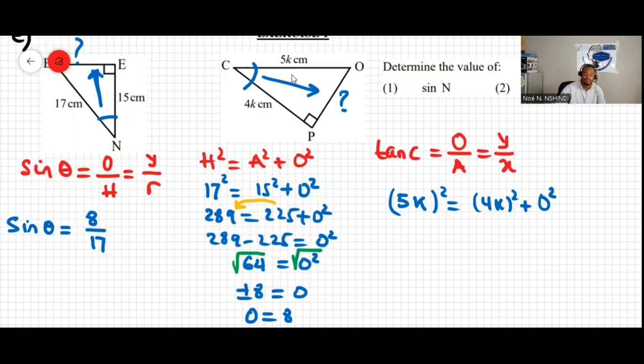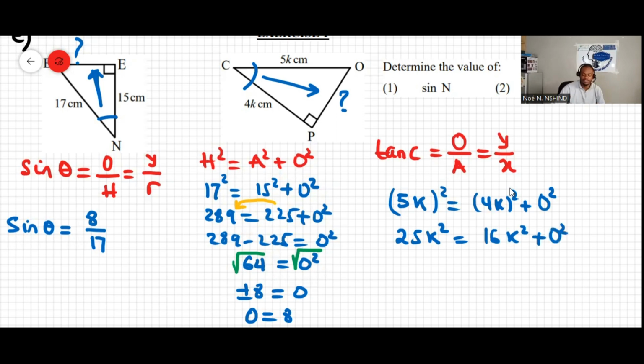Careful, 5k squared is 25k squared, because the power of 2 applies to everything within the bracket. It's 5k to the power of 2, 4k to the power of 2, plus o squared.